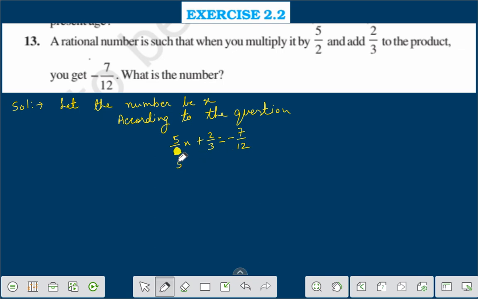Or you can get 5 by 2 x is equal to minus 7 by 12 minus 2 by 3.